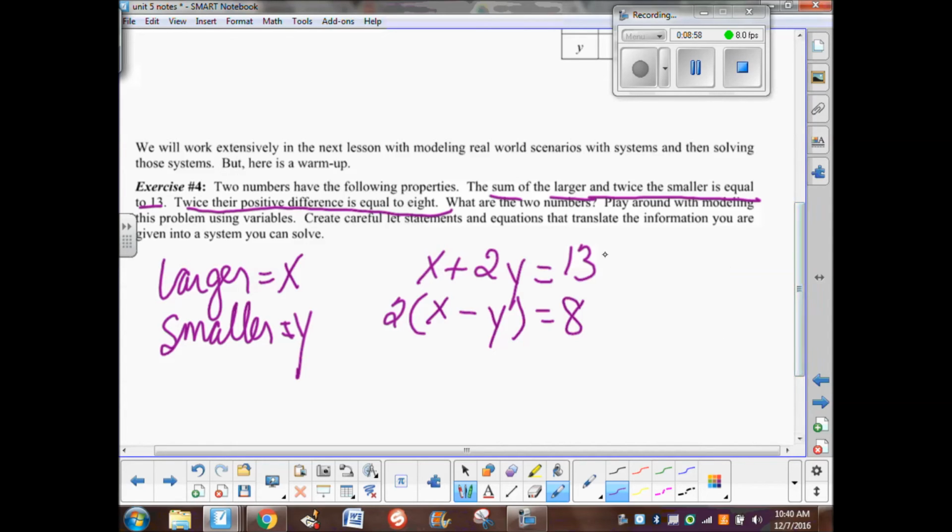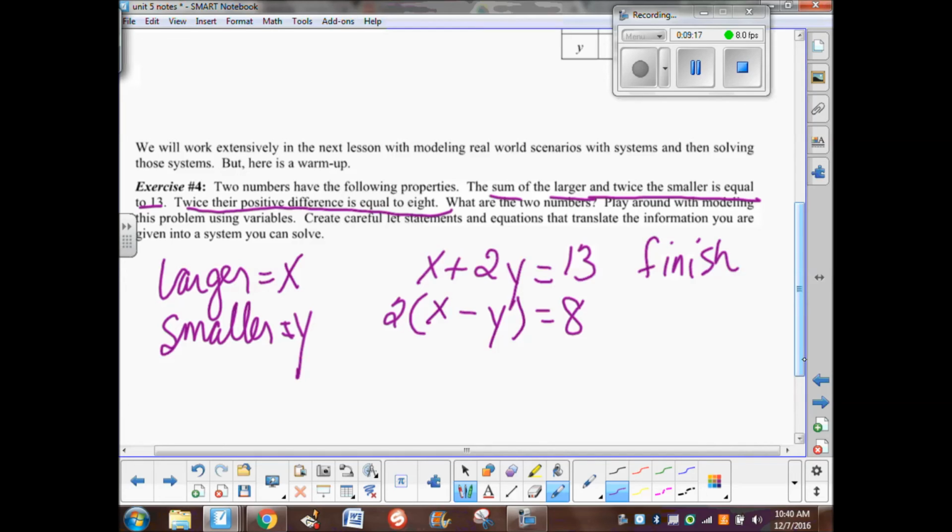So I'm going to have you finish that one up. I would do some distributing and then see if you can solve for x and y for that one. Okay? So I started you on that one, so go ahead and finish up on that one to come to class.